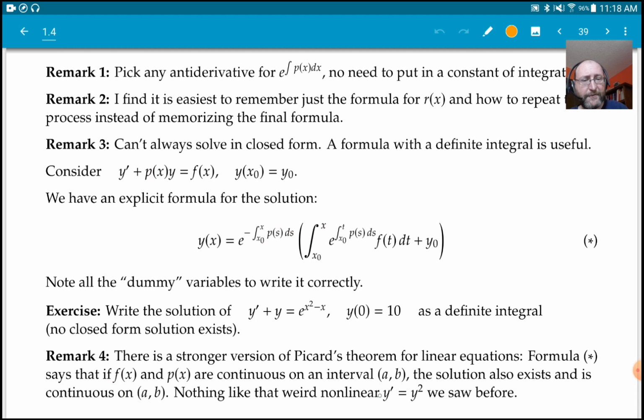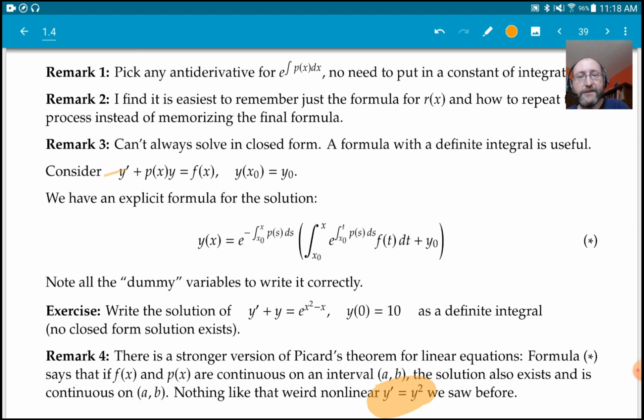Basically, if you remember y prime equals y squared, the solution didn't always exist for all time. Depending on your initial condition, it blew up at different points. It always existed for some interval of x's, but you would have to actually solve this to figure out when it blows up.